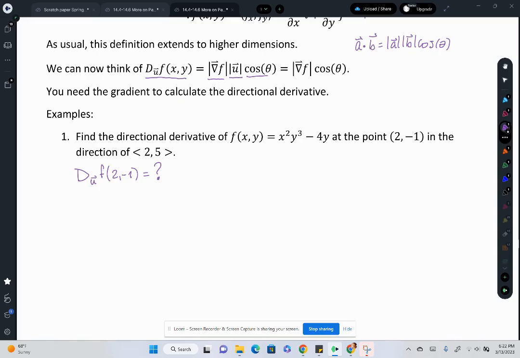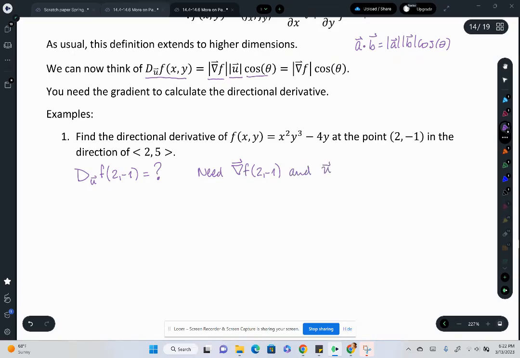So what we need is our gradient vector evaluated at (2, -1), and we need a unit vector. Okay, so this is the gradient, and then this is the unit vector.